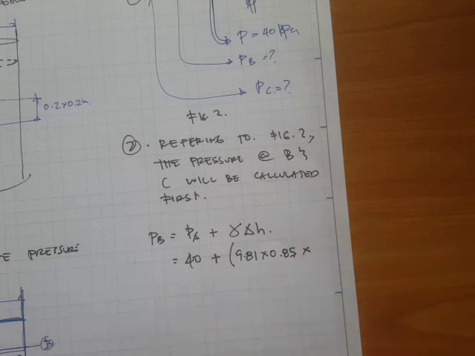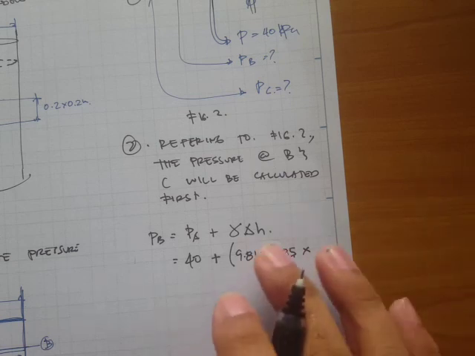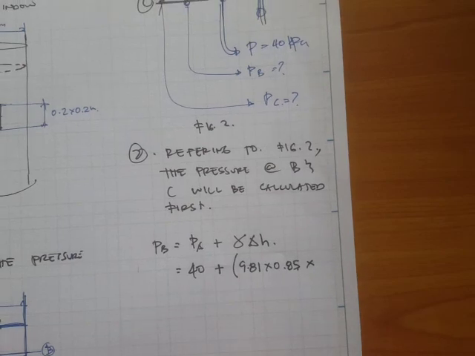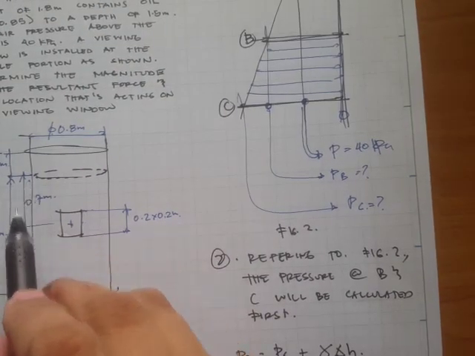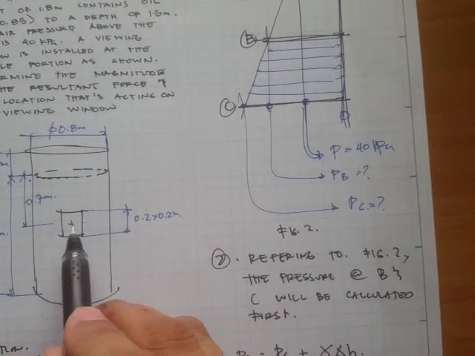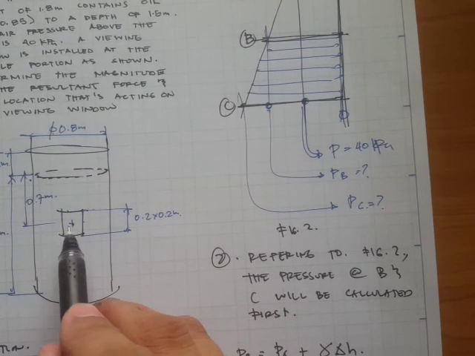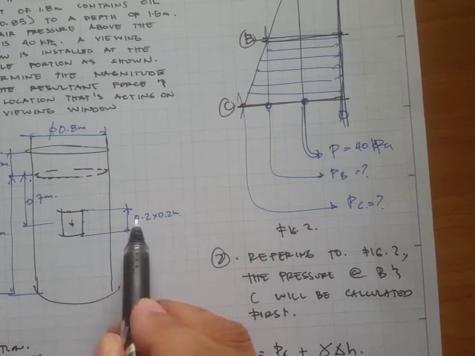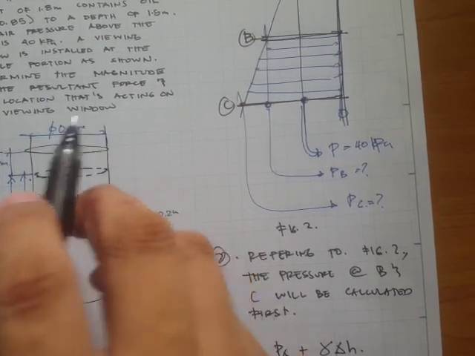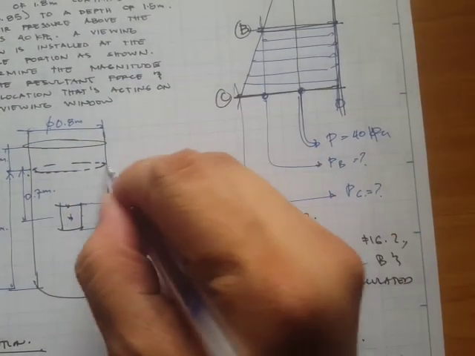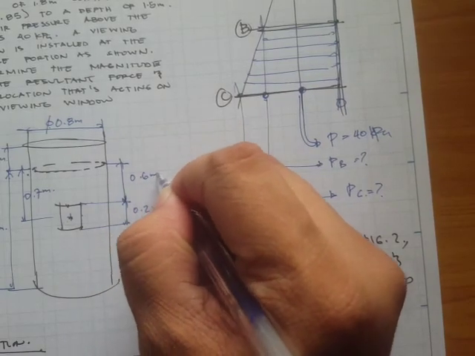the distance. Okay, so from this surface up to the centroid of this viewing window, that's 0.7, and this is 0.2, so 0.7 minus half of 0.2, and it's going to be 0.6 meters.